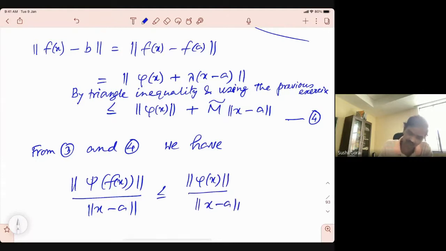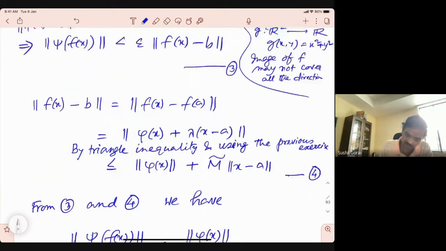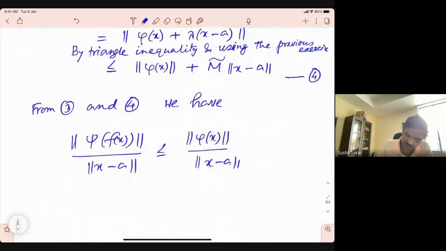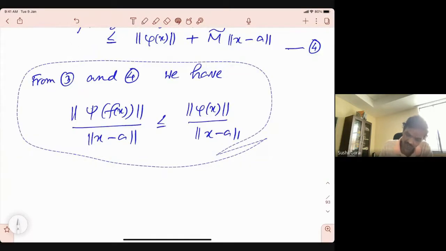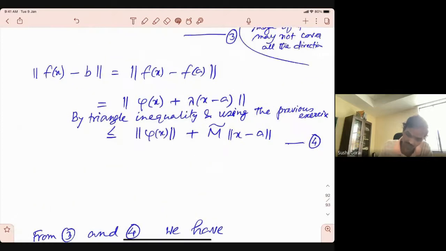So here we are actually getting a small neighborhood of x. And I need one more thing, which is continuity. This is absolutely fine, but then for which x is this true?